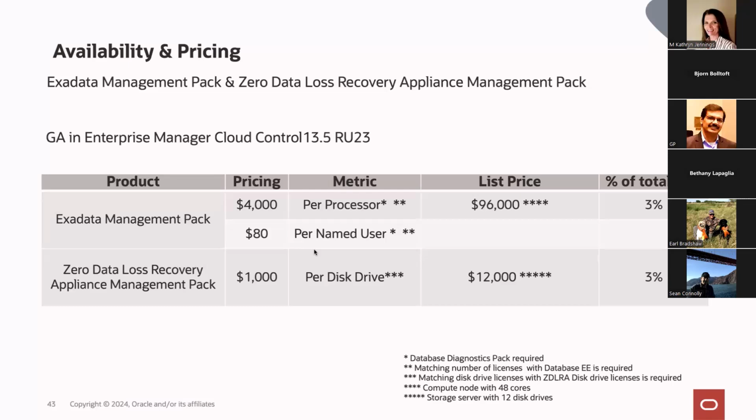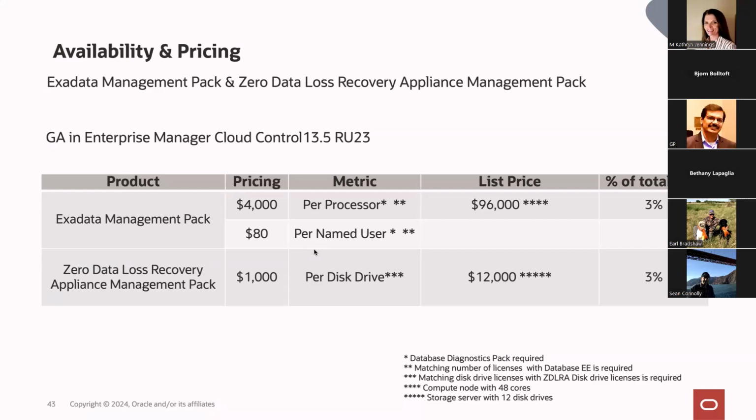So the pricing for the Exadata management pack is either named users, if you're using named users on your Exadata, otherwise it's per processor. And if we're taking a 48 core machine, it's $96,000 or something like that.